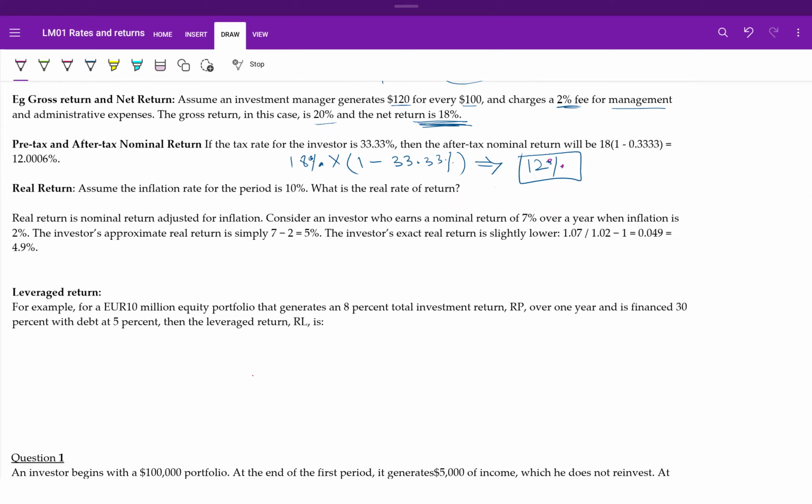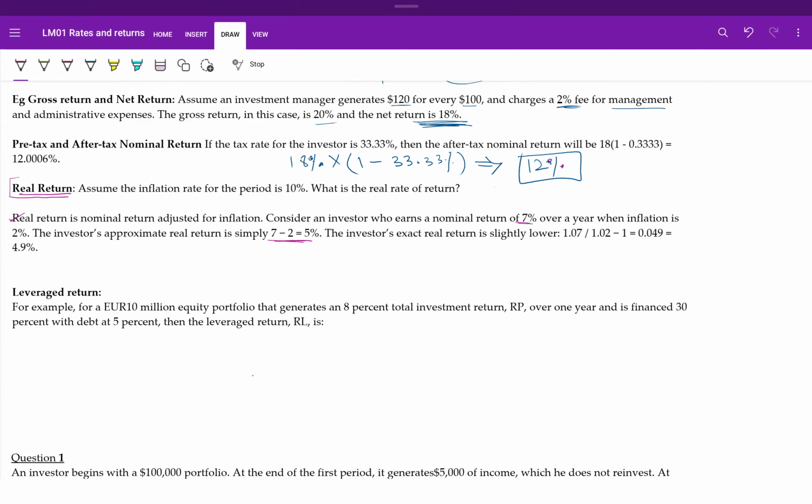To calculate our real return, let's discuss this formula first. Real return is nominal return adjusted for inflation. Let's consider an investment where the nominal return is 7%, and over a year when inflation is 2%, the investor's approximate result will be 7% minus 2%.